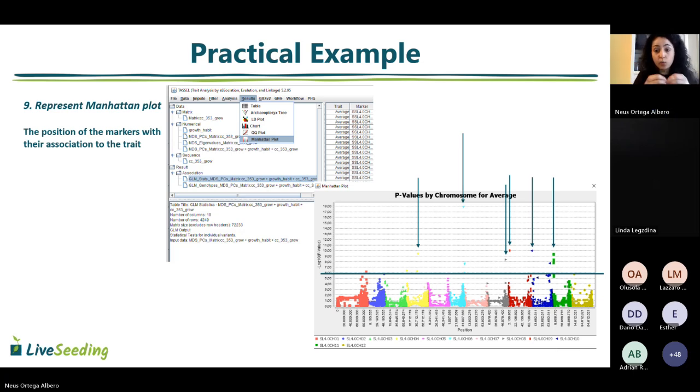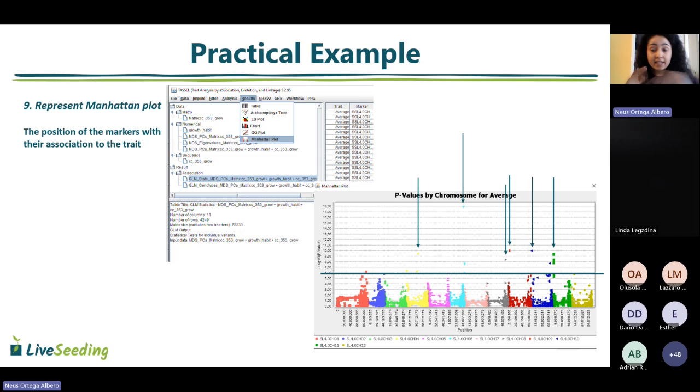So, taking into account this 0.05 of false results, we calculated the logarithm to ensure that these markers that are over this threshold are actually related to the trait and are not a false positive.